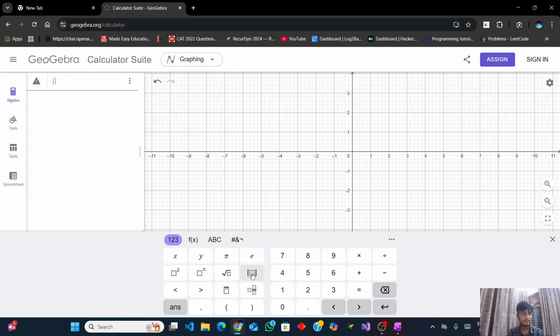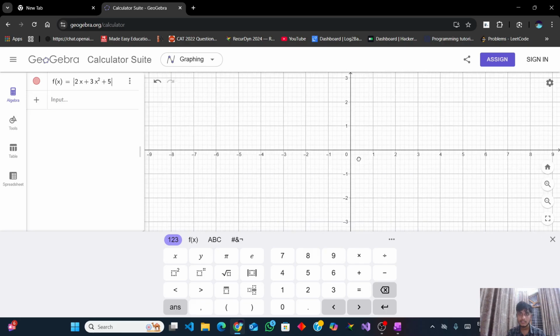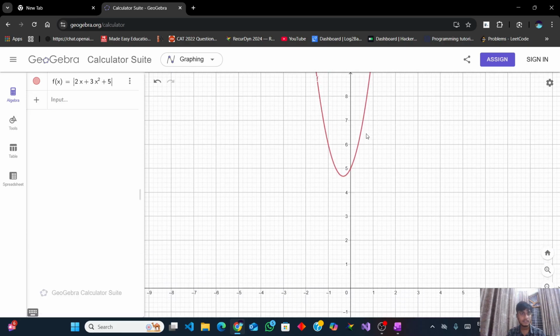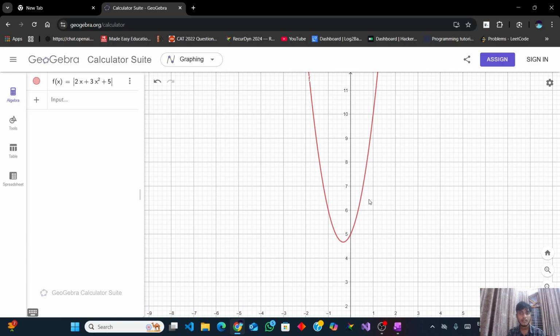Mod 2x plus 3x square plus 5. Come here and you will see this one. Because like I already told you, everything is positive, so it won't change the graph, right? So the answer is it.